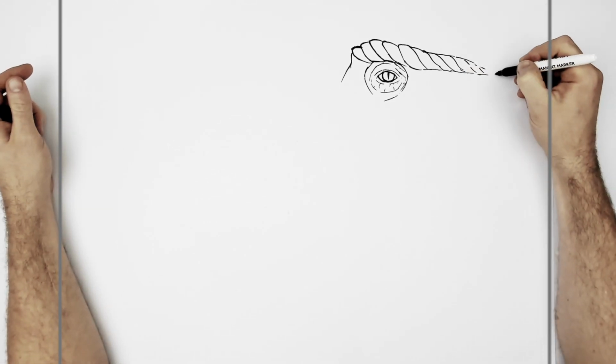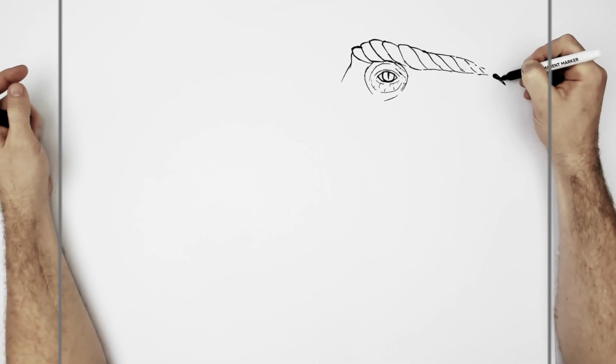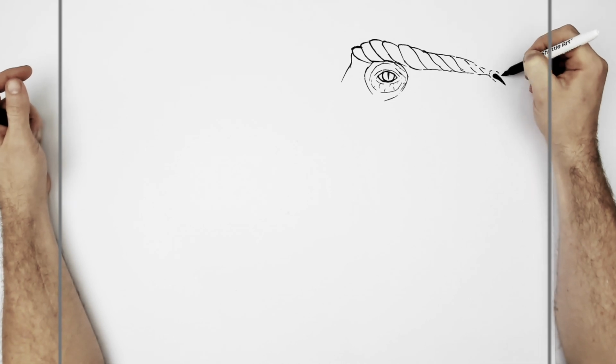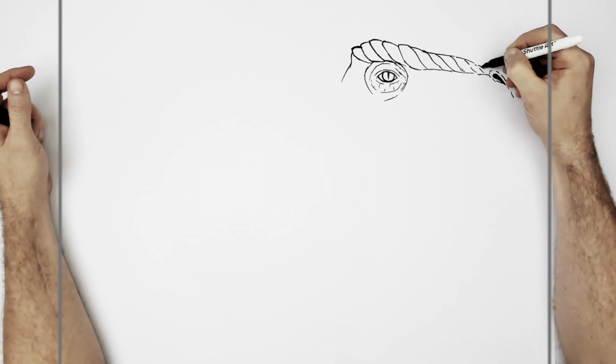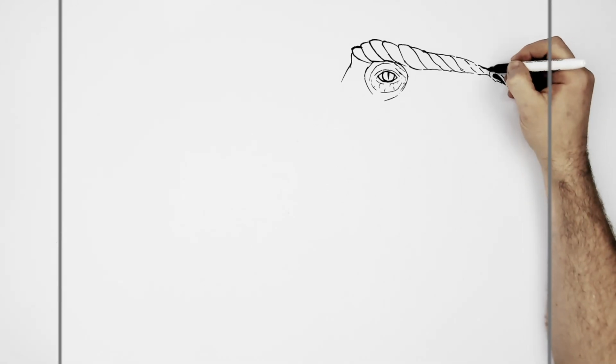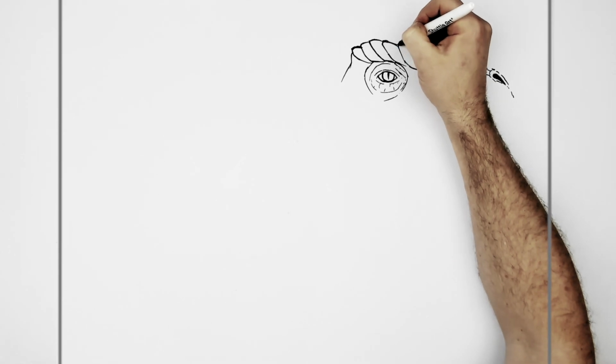Right, and then his nostrils, so it's like a teardrop or a raindrop. And we've got skin coming around then. So it joins this part of his forehead, bony section.